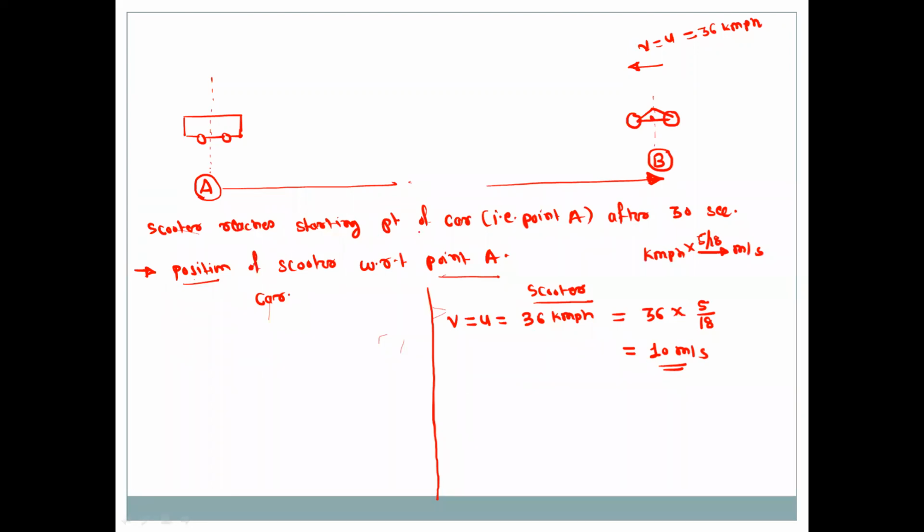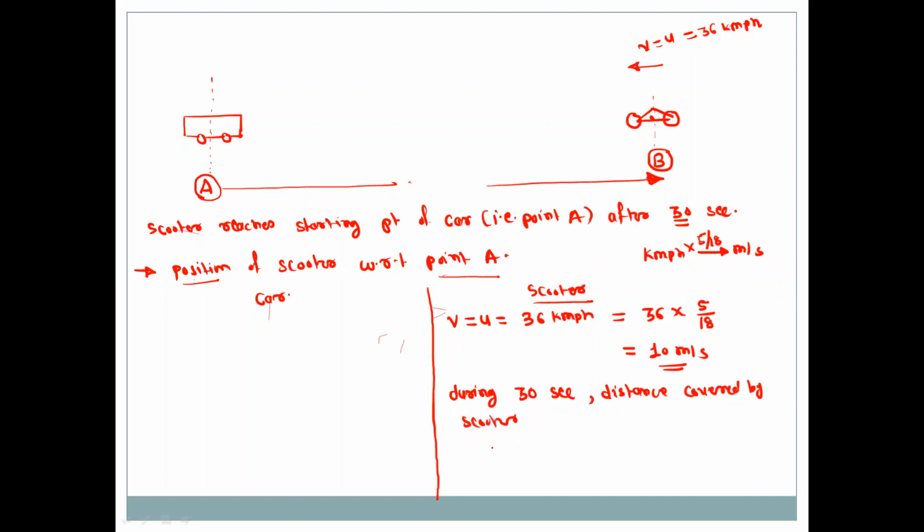So scooter reaches the starting point of the car after 30 seconds. So within 30 seconds, we have to find out the distance covered by the scooter. Okay. So during 30 seconds of journey, distance covered by the scooter. Okay.